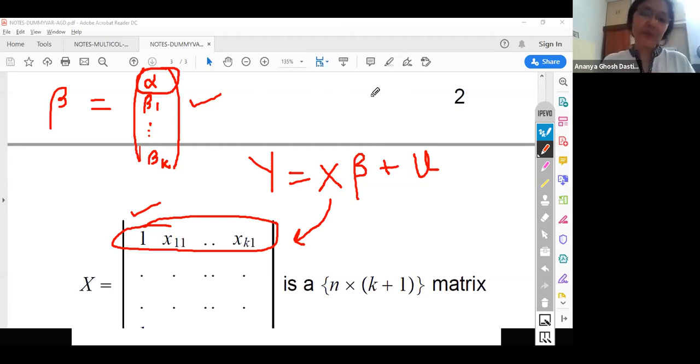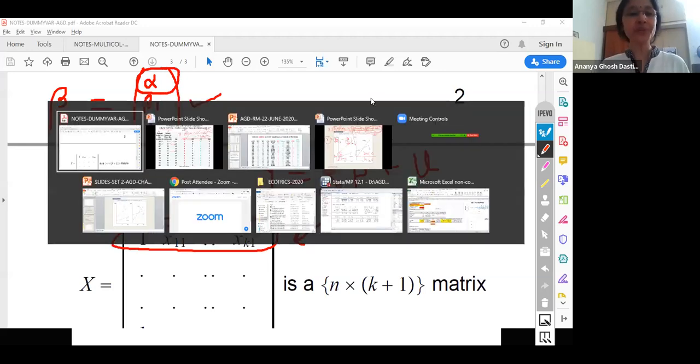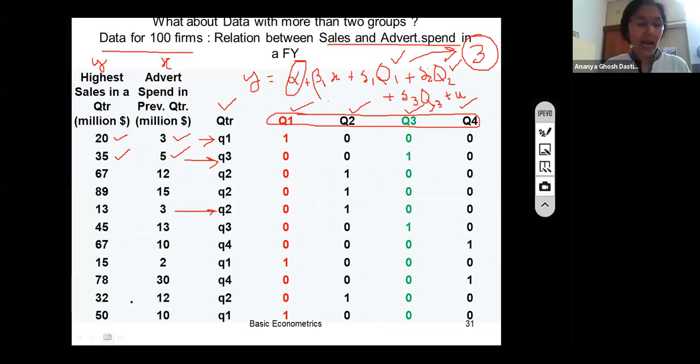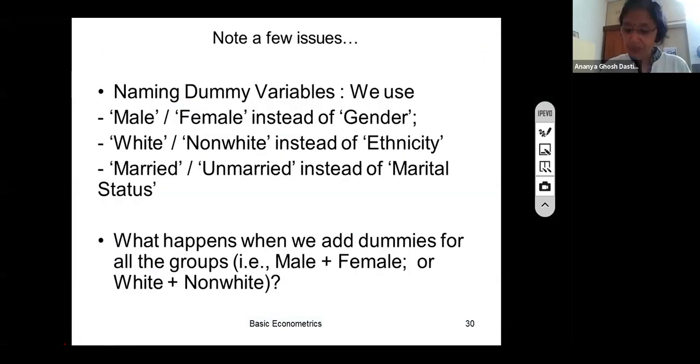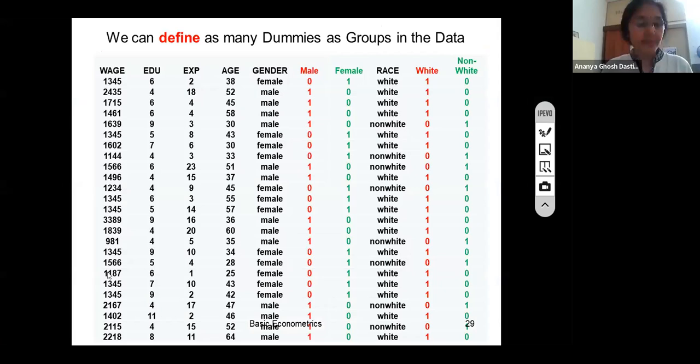What does this have to do with the dummy variable trap? To understand the dummy variable trap, let me go back to my slide and ask you the following question. Suppose I were to include both men and women inside my model.